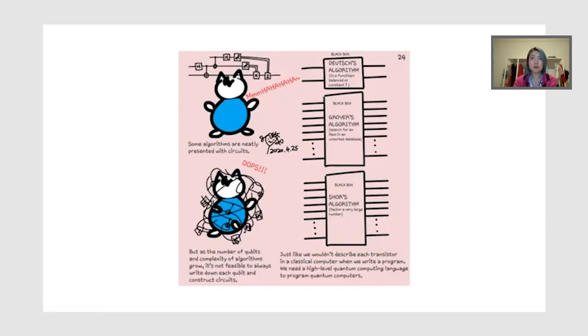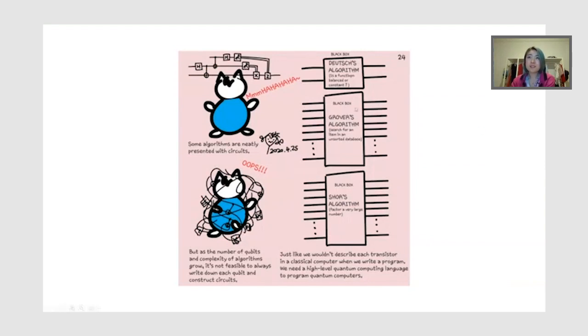There are a lot of other algorithms, and it will get more and more complex. When we have a small number of qubits, we can represent the system nicely with a circuit. However, when we have more complex algorithms that involve a large number of qubits, we would get into a very messy state where we have to draw all of the qubits and see how they change every step. That becomes not scalable.